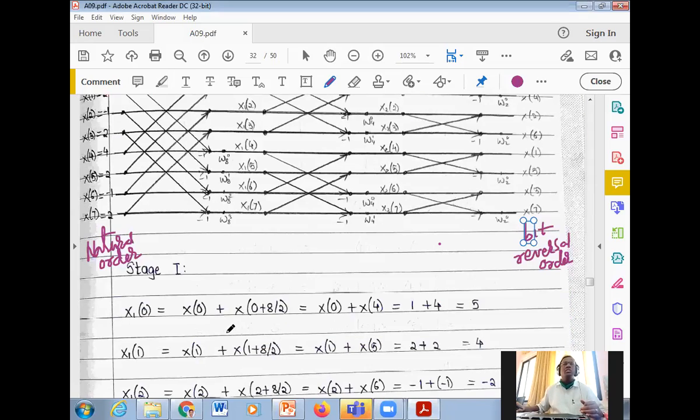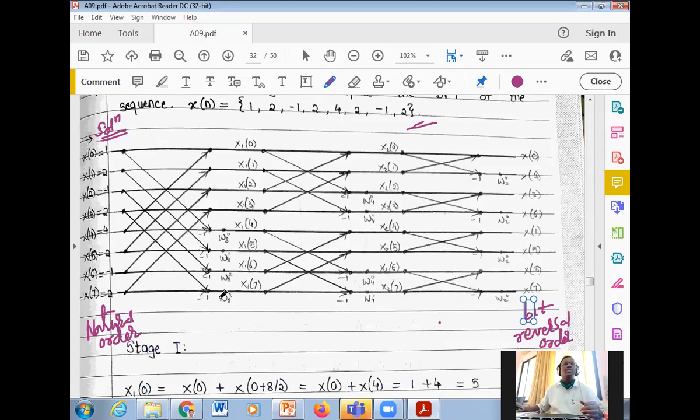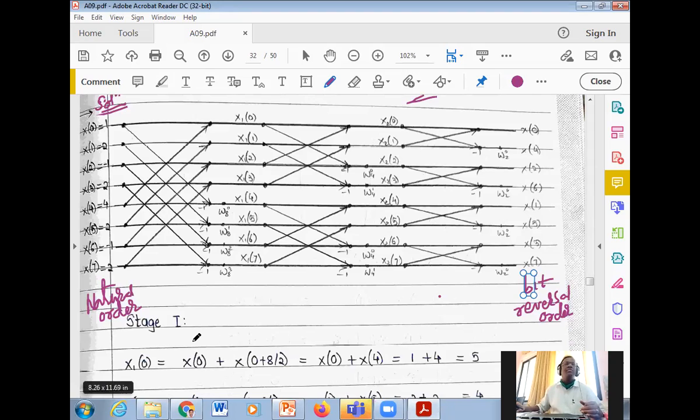Okay, so this is what we have written here. X1 of 0 equals the addition of x of 0 and x of 4. X of 4 is like 0 plus N by 2, right?